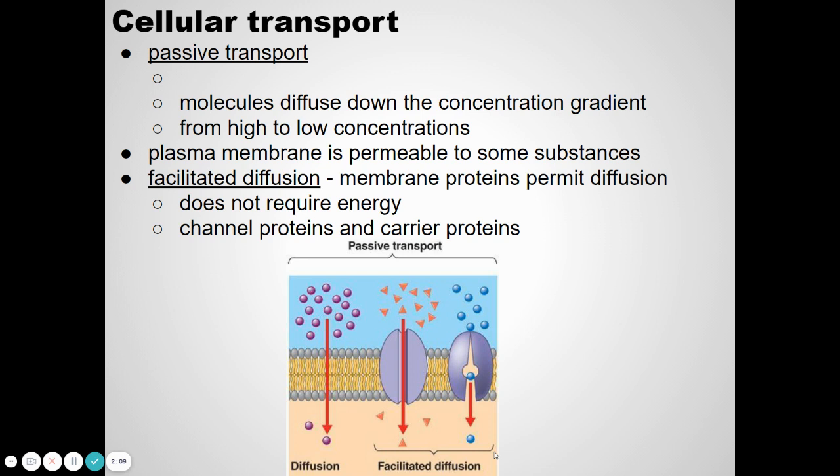So that's what we're talking about here. To help us understand that, we have to review a little bit about diffusion and osmosis that you learned in previous grades. When we're talking about cells, diffusion is a type of passive transport.